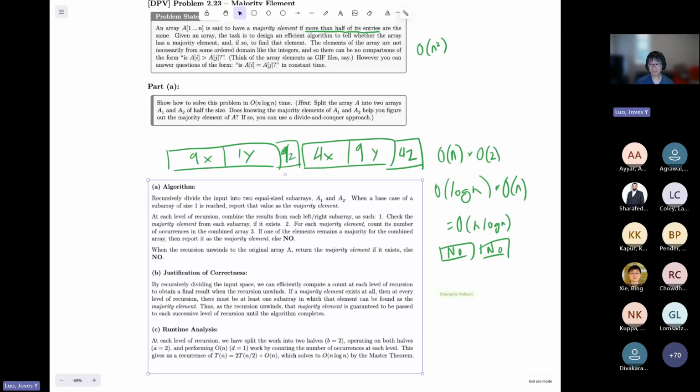Hopefully that's it. There's a second solution that is more optimal, and we will talk about that. Let's put down the question first.